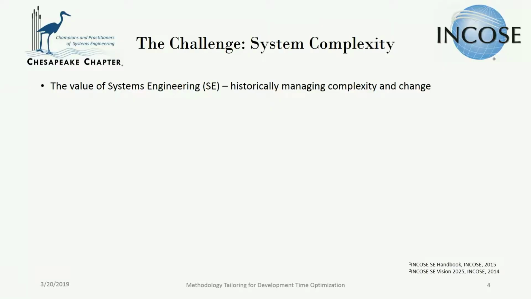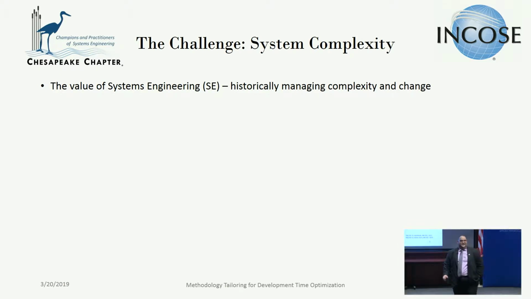So let's get started talking about what the real challenge is that was being faced, and it's system complexity. And let's remember, as systems engineers that we are, that the value of systems engineering as a technical field is that it's historically been able to manage complexity.